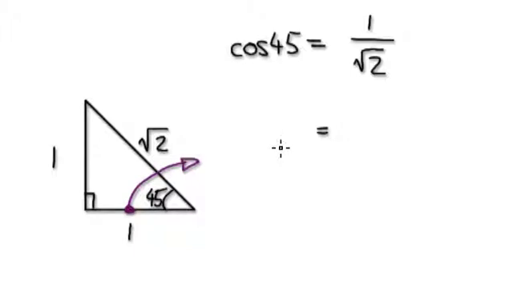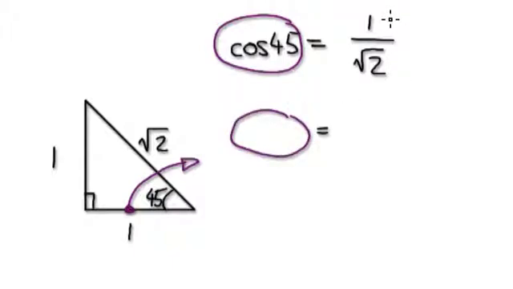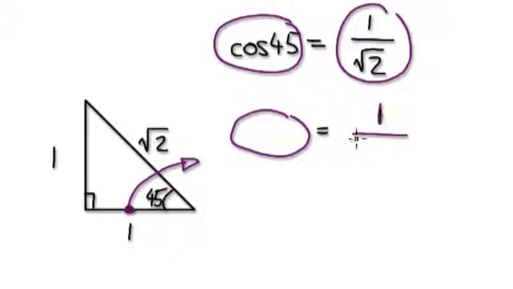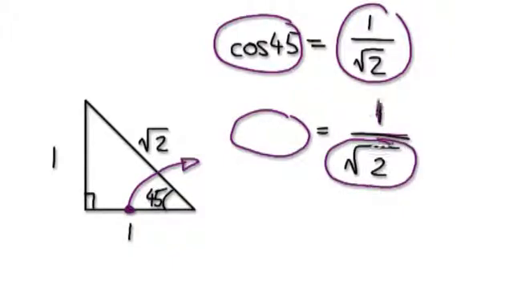Now, if you don't believe me, if you cosine 45 on your calculator, whatever the answer is, it should be the same as 1 divided by square root of 2. Remember, you've got to square root 2 first, and then get 1 divided by the square root of 2.